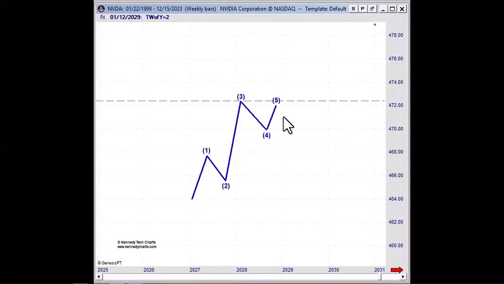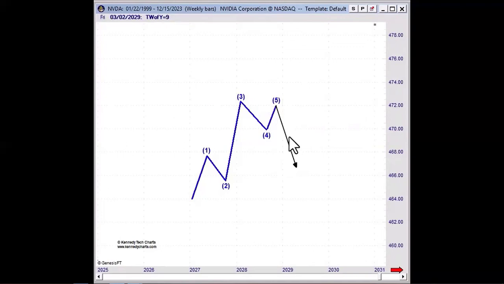Okay. Now, another thing about the truncated wave idea that is very, very important. Whenever you have a truncation, as I've diagrammed here, it typically leads to a very, very sharp reversal in price in the opposing direction, something like that.